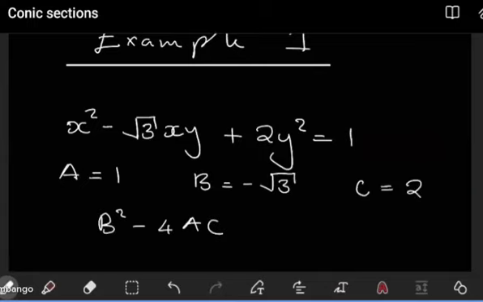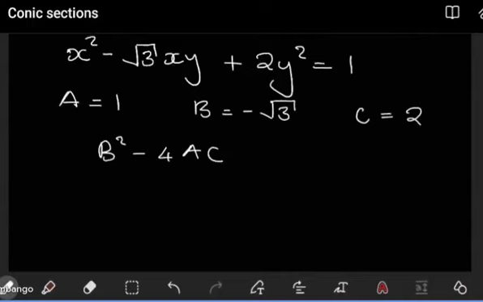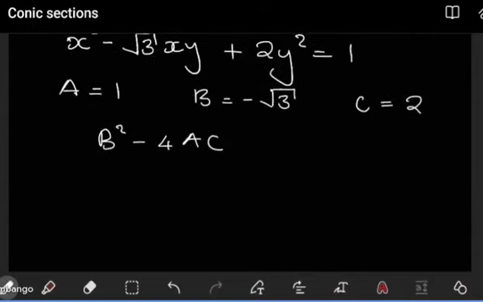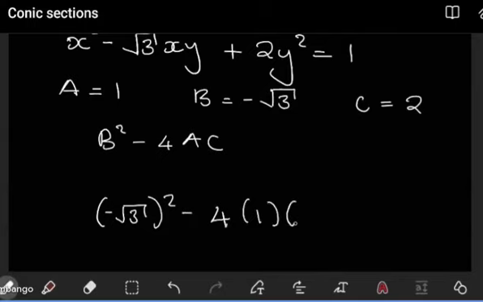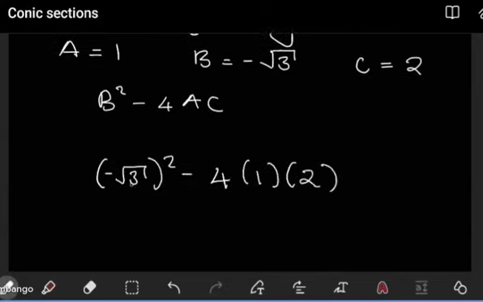Once we have these figured out, we can now substitute. Our B squared implies that we have negative root 3, and this has to be squared, minus 4. Our A is 1, and our C is 2. So when we wrote this, the negative becomes positive, the root 3 becomes 3, minus, this becomes 4 by 2.